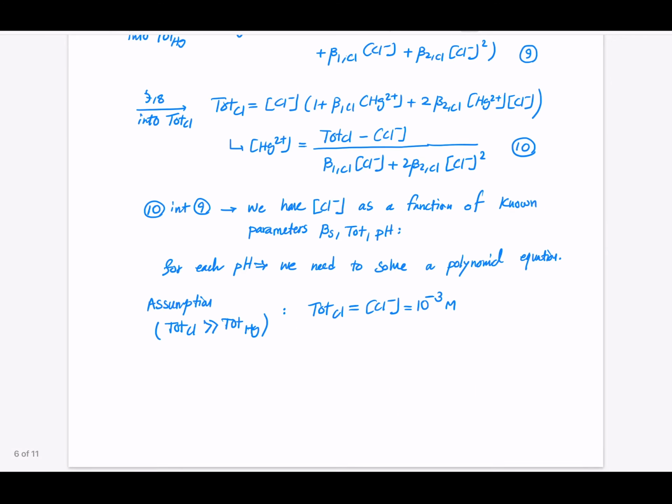So if we apply that assumption to expression 9, then it would be very simple and straightforward.